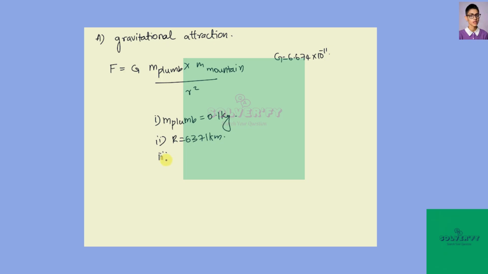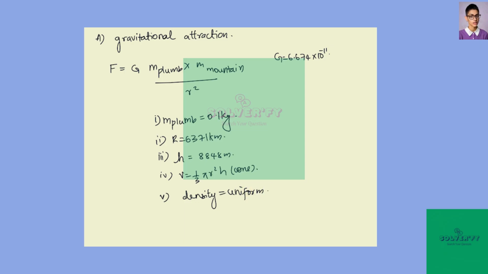Third, height of the Mount Everest as h is equal to 8848 meters. Fourth, we will assume that the Mount Everest is a cone, so the volume is 1 by 3 pi r square h. And fifth, the density of the Mount Everest is uniform.